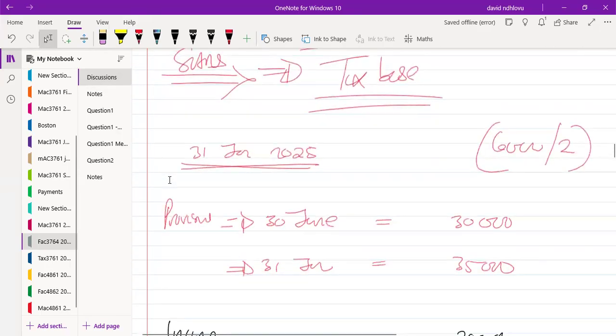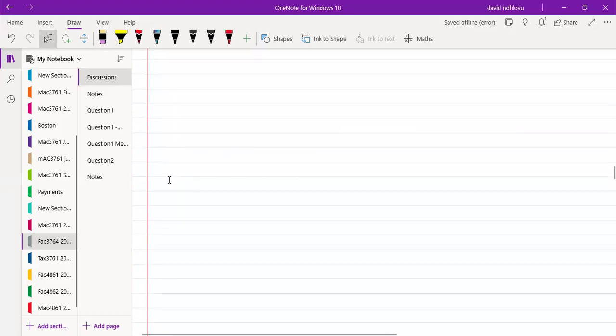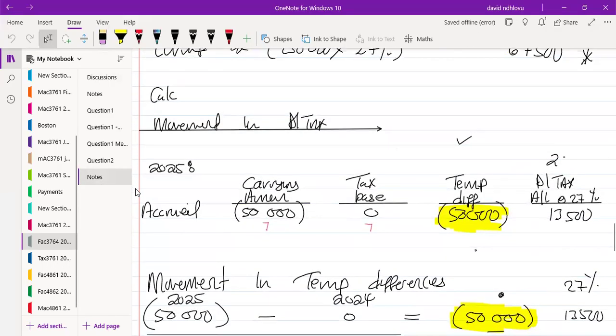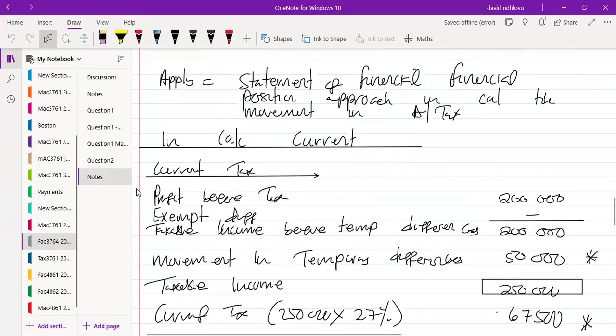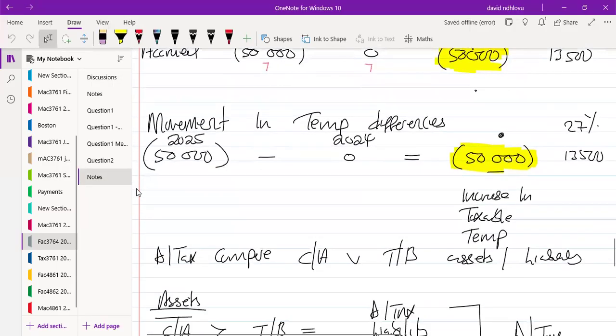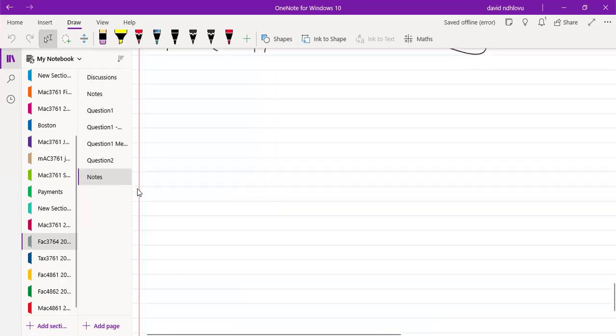Right, deferred tax liability. Where did I discuss a deferred tax liability? I think I was here. Right, a deferred tax liability. Where did I show that?